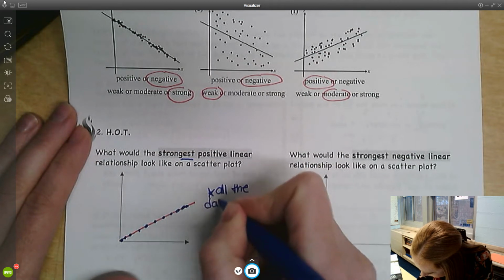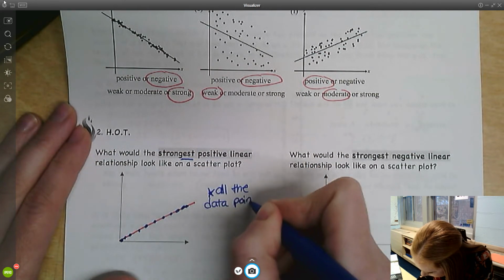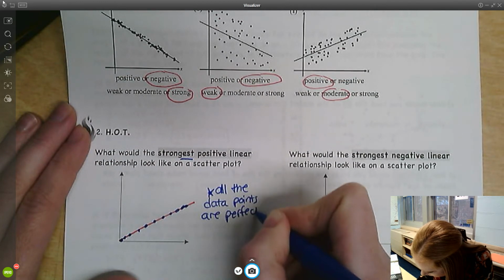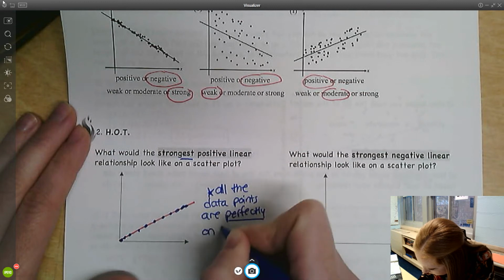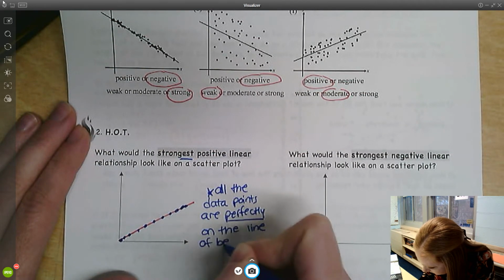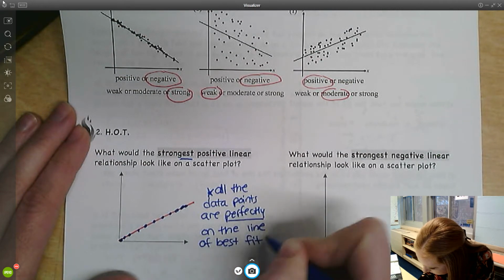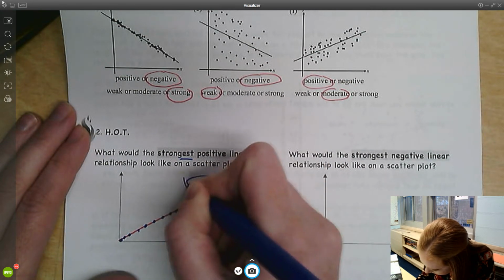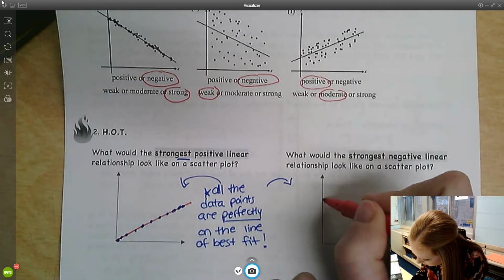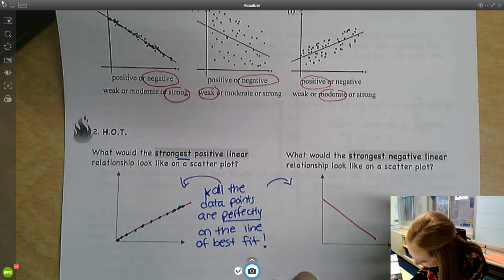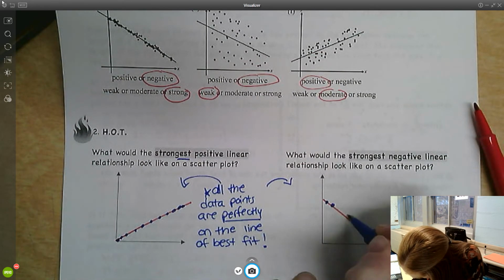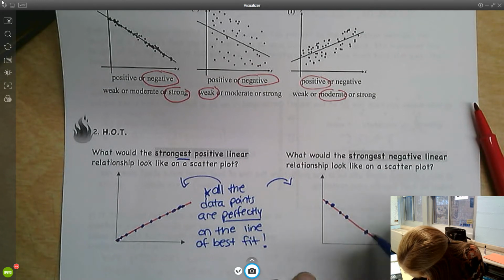All the data points are perfectly on the line of best fit. And the same goes for this one. Strongest negative, we're going to be having a downward trend line. And all the data points will be right on the line.